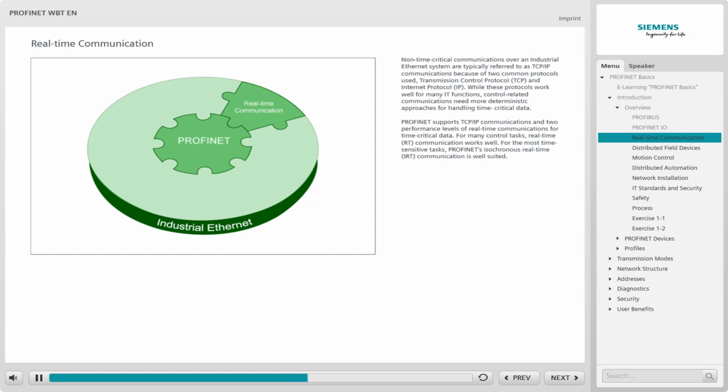Fortunately, PROFINET not only allows TCP/IP communications, but also supports two performance levels of real-time communications for time-critical data. For many control tasks, PROFINET real-time RT communication provides a deterministic approach that works well. For the most time-sensitive tasks, PROFINET isochronous IRT communication is well suited.